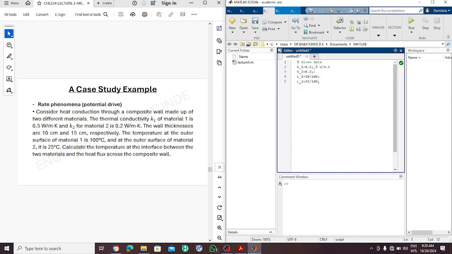We should declare temperature. Temperature, in the first case, is 100 degrees Celsius. Ordinarily, you should convert Celsius to Kelvin, but it wouldn't matter because what we are doing here just has to do with difference.